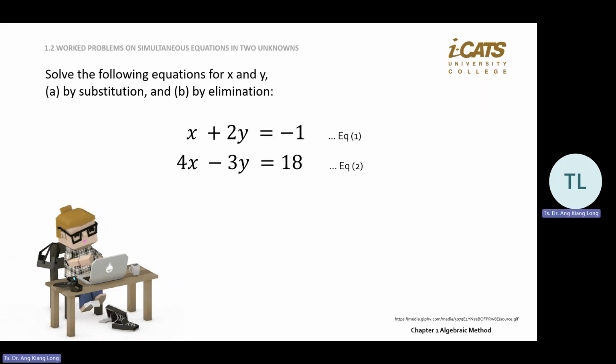In simultaneous equations maybe not much, but as you go deeper, you have power 3, power 4. Sometimes when you transfer the information, you might copy the wrong number. Especially your writing, like a doctor's writing. Sometimes your X will look like something else, or your 1 will look like 7. So don't confuse your examiner, don't confuse your lecturer. Write properly.